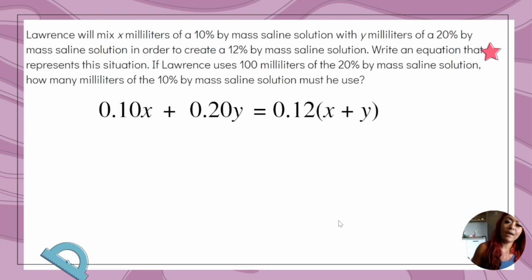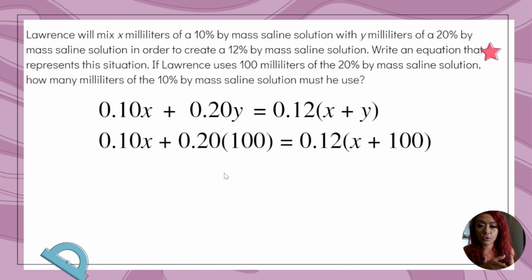Now they tell us that Lawrence is using 100 milliliters of the 20% by mass saline solution, right? So now we have the value of y. Y equals 100. So we're going to substitute 100 for y on both sides of the equal sign. They want to know how many milliliters of the 10% by mass saline solution must he use.